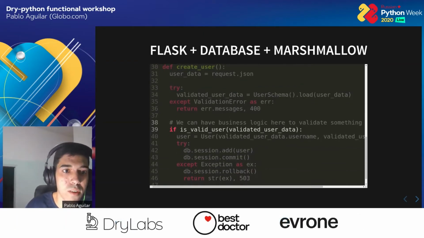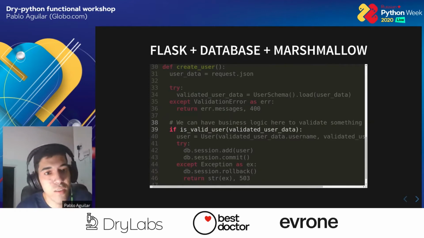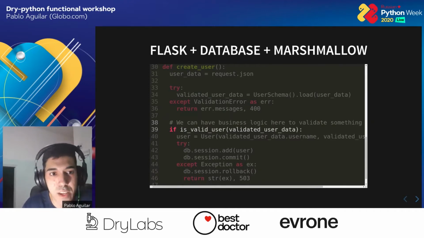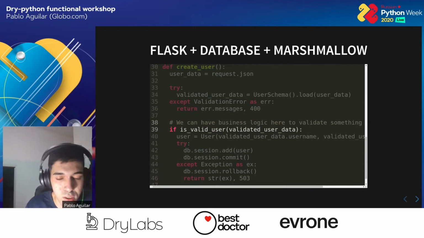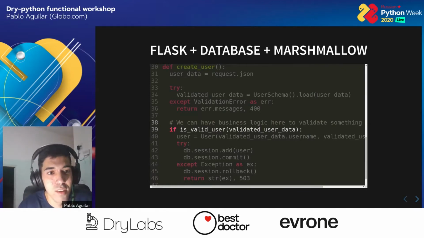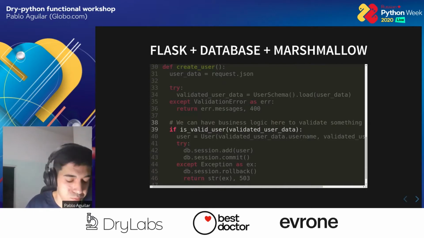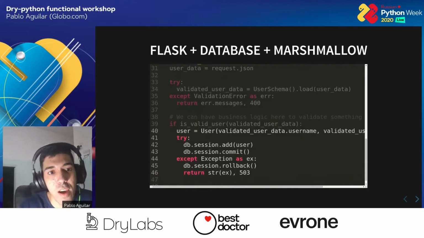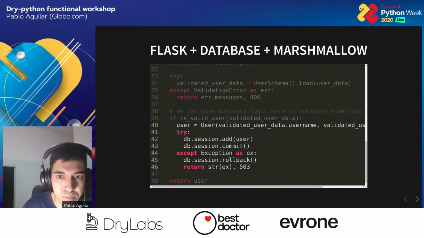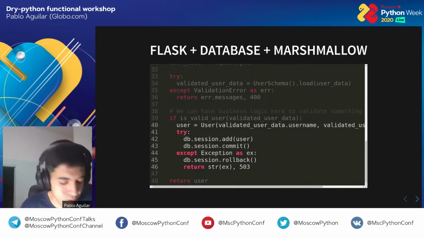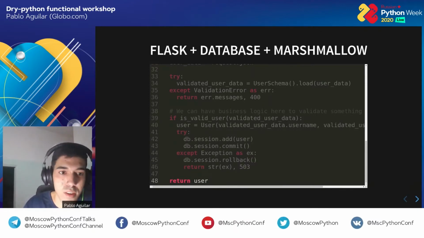Then we have a business logic validation. Here it's just an if statement, but it can be many statements, and can be more complex. Just an example. And we have the database interaction. And finally, we return the user.